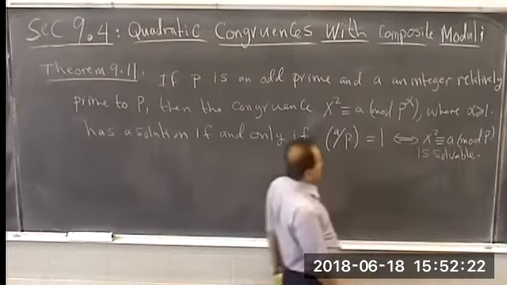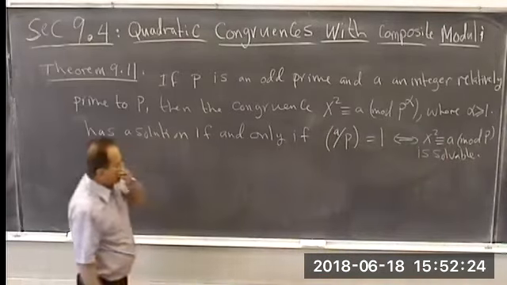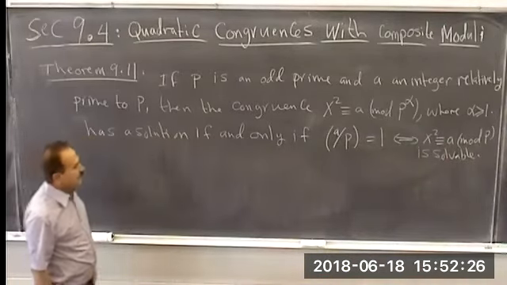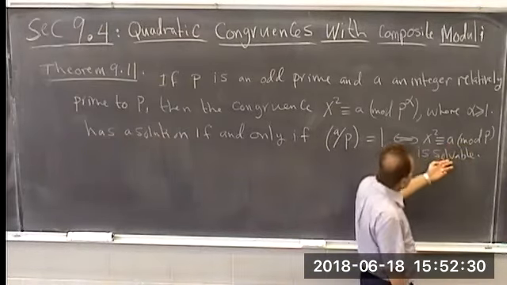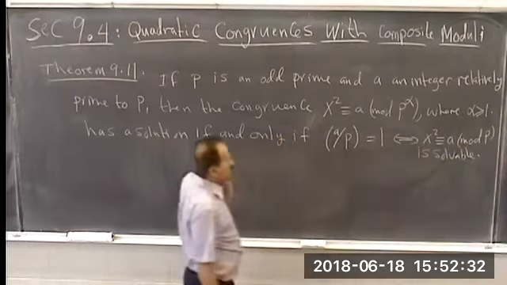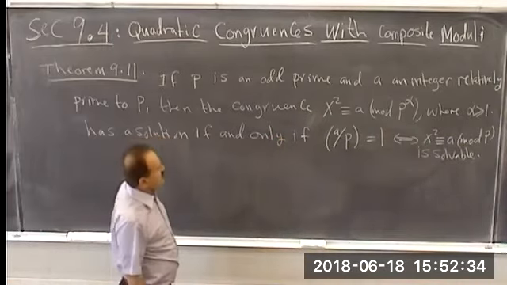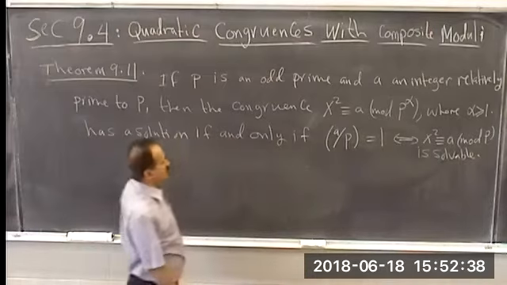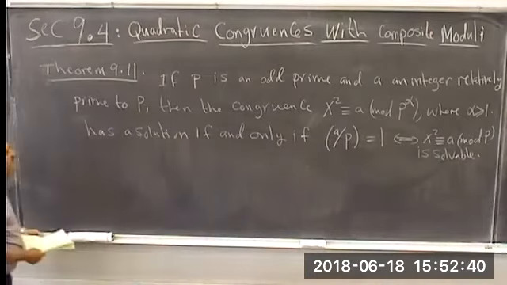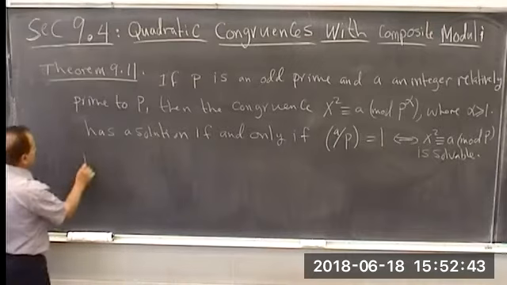So basically what this theorem is saying is that if x squared congruent to a mod p is solvable, then x squared congruent to a mod any power of p is solvable as well. All right? So let's go ahead and start proving this.